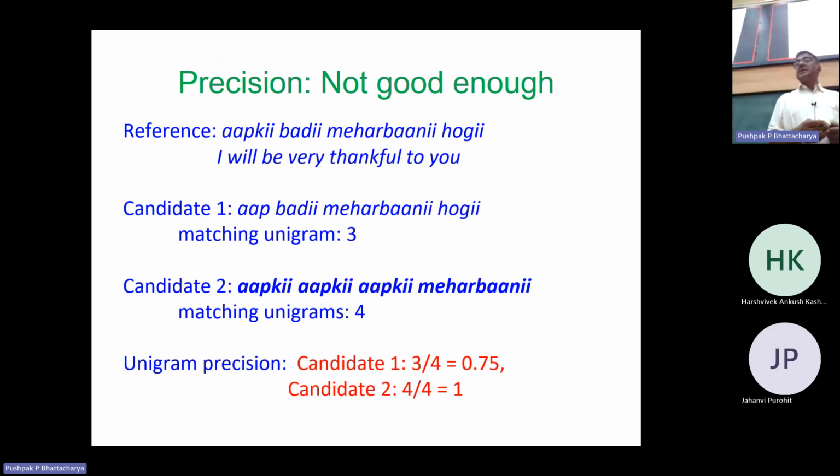So the unigram precision is 100%, 4 by 4. So it seems to create an impression that the translation is extremely good vocabulary wise. So the metric can be fooled by repeating a word from the reference translation many times. So then what should we do? We have to correct this error.